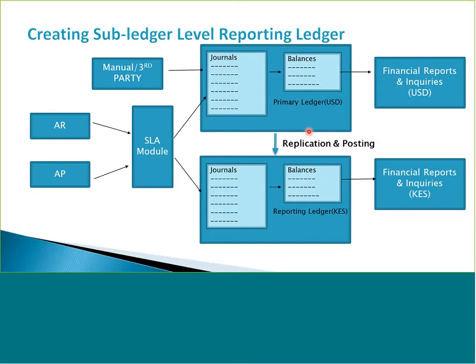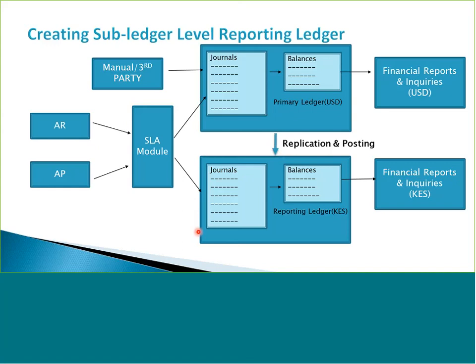However, what happens when we create a sub-ledger level reporting ledger is that for the journals imported from the Oracle sub-ledger modules, the create accounting program housed in the SLA module will create journals for our primary ledger, which is what normally happens, and it will also create journals for our reporting ledger.